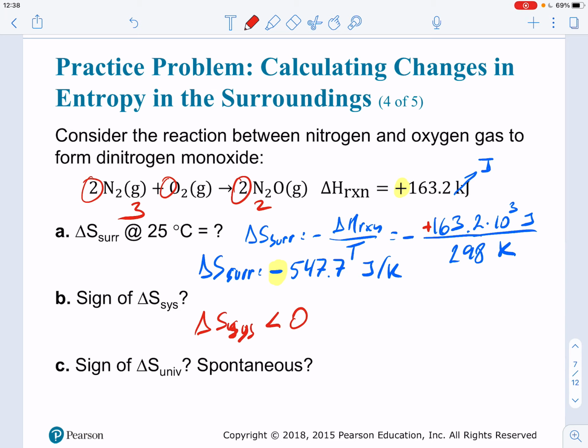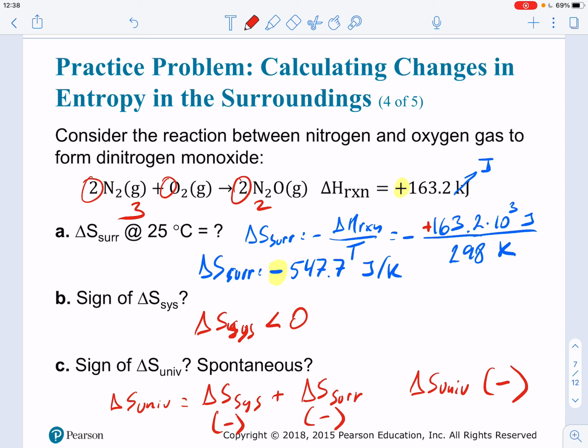And now, the change in entropy of the universe is equal to the sum of those two, and both are negative, so the change in entropy of the universe is also negative.